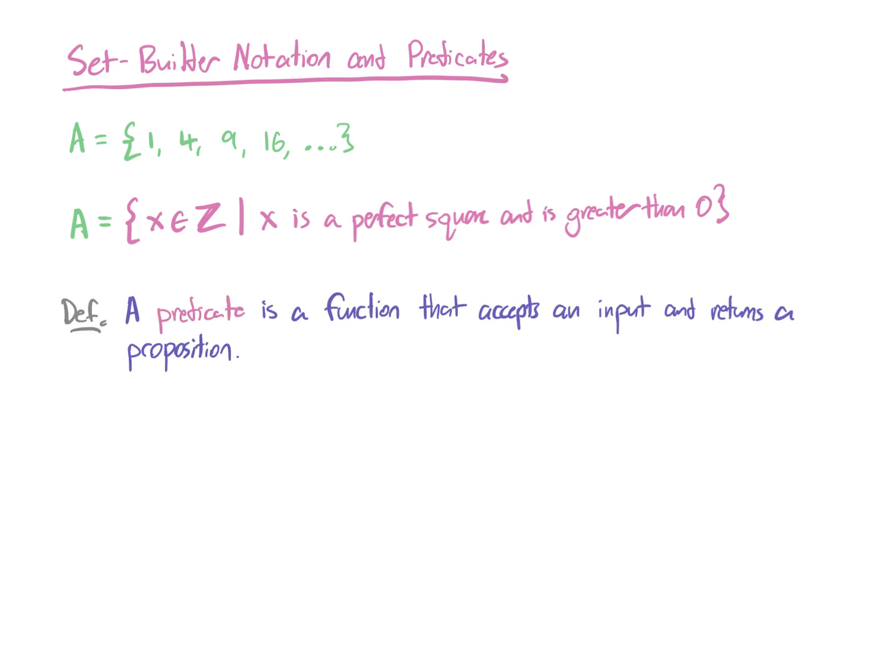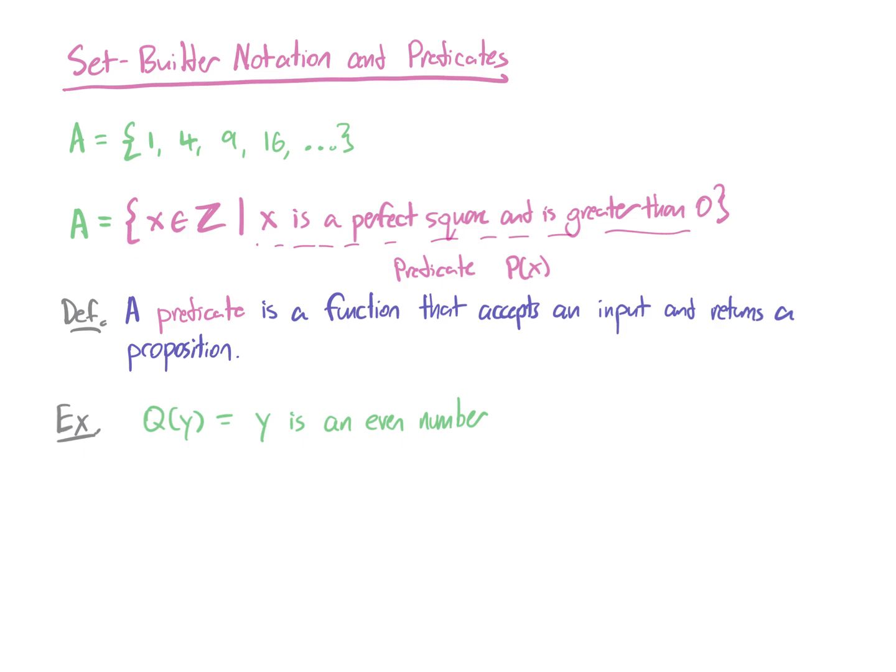This is an example of a predicate. The predicate in this expression is this right-hand part here. This is my predicate that I'll call P of x. A predicate we can think of as a function that accepts an input and returns a logical proposition. Here's a simpler example of a predicate. Q of y is the predicate that y is an even number.